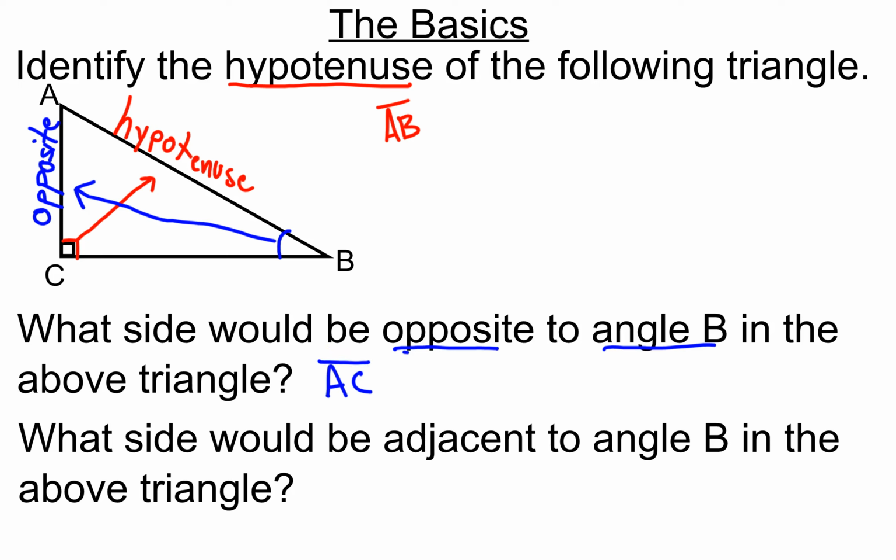And then finally, we're going to take a look at what side would be adjacent to angle B in the above triangle. So we're still at this angle B here, but we want to know what side is going to be adjacent. And what this means, and I would write this in your notes, is adjacent means next to. And if you didn't write it for opposite already, before we move any further, write across the triangle.